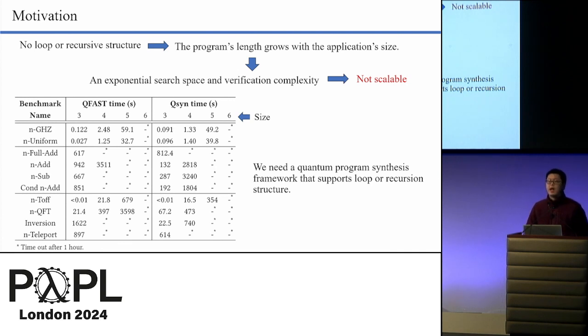We ran tests on two existing quantum circuit synthesis techniques, and the results show that they cannot synthesize any results when the application size grows to 6. In the experiment, we timed out at 1 hour, so they fail to synthesize the result within 1 hour when the application size increases to 6.